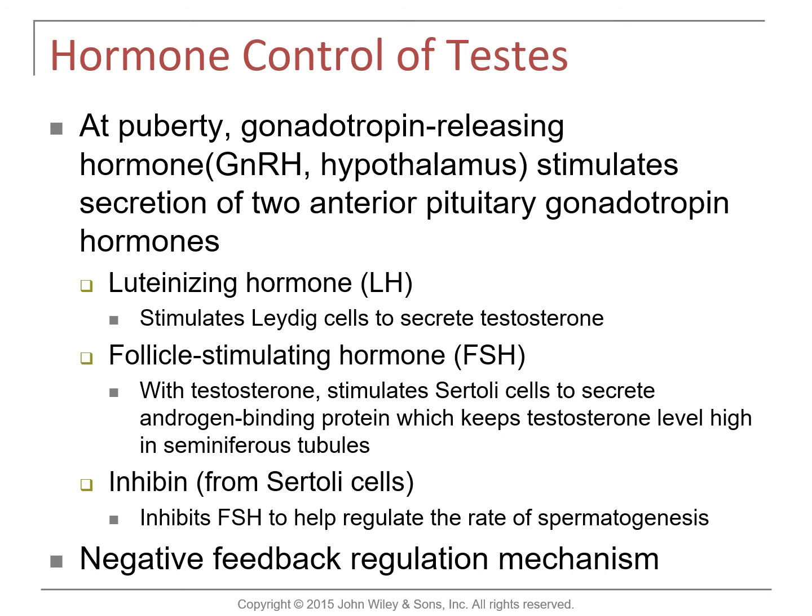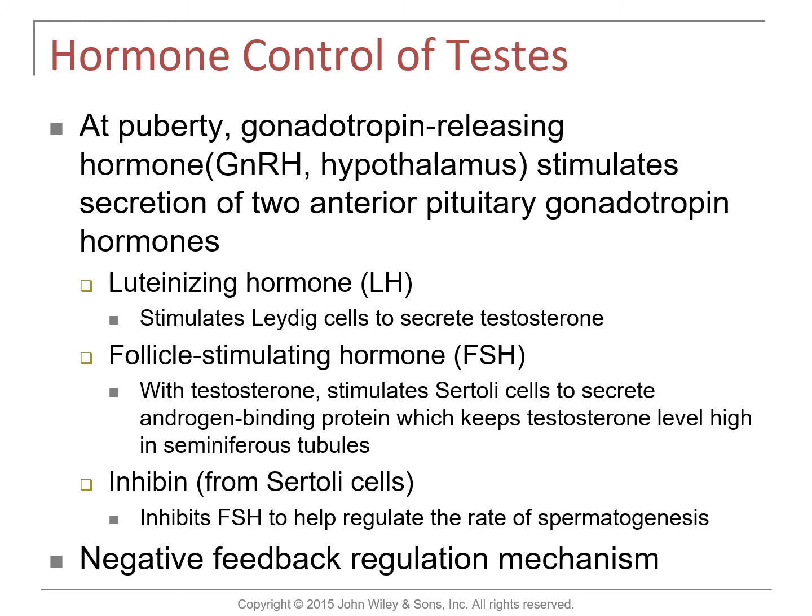They are luteinizing hormone, or LH, and follicle-stimulating hormone, FSH. Luteinizing hormone binds to the Leydig or interstitial cells within the testes outside of the seminiferous tubules and stimulates these Leydig cells to secrete androgens, the most dominant form being testosterone. So your androgens are your masculinizing hormones.